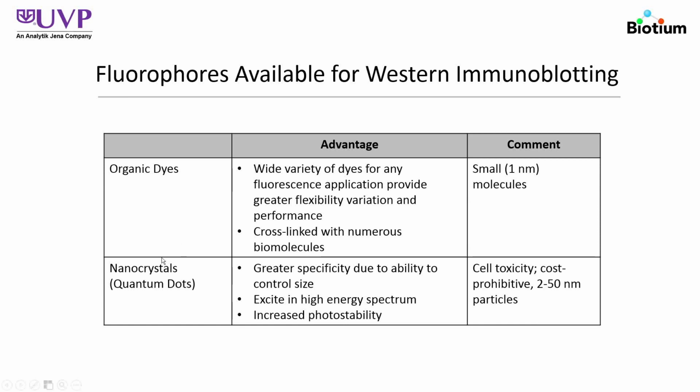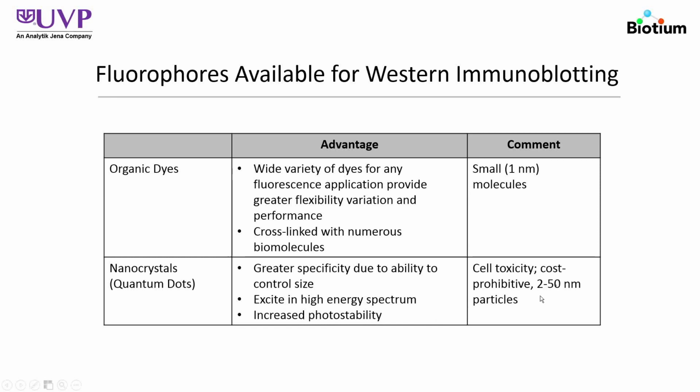Another class of dyes is nanocrystals, or quantum dots. These are crystals, and the fluorescence properties of the crystal is determined by the size of the crystal. That allows fine-tuning of a wide variety of excitation-emission combinations. These tend to have somewhat more limited applications than the small molecule organic dyes because of their toxicity and their size.